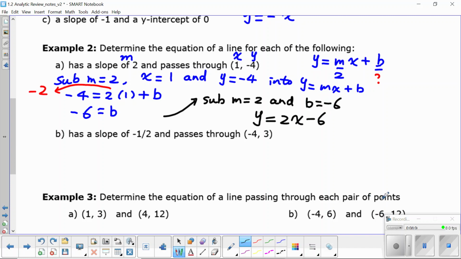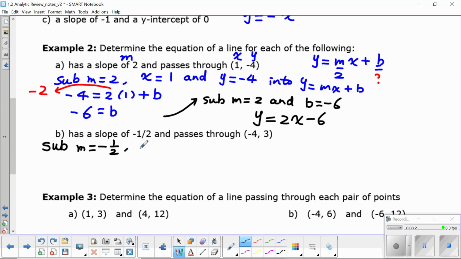So you pause the video and try the next question by yourself. Once you are done, then play the video and check your answer. So for the question B, we solve. Slope equals negative 1 over 2.